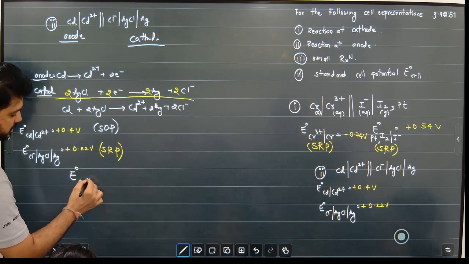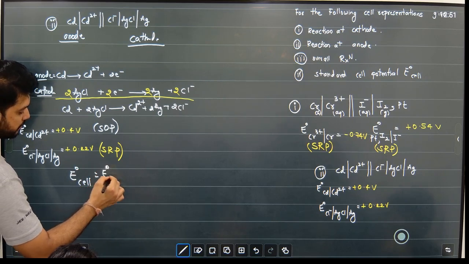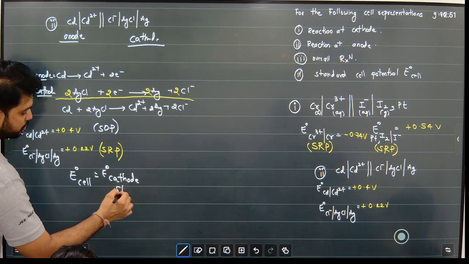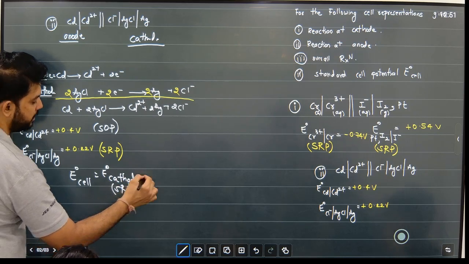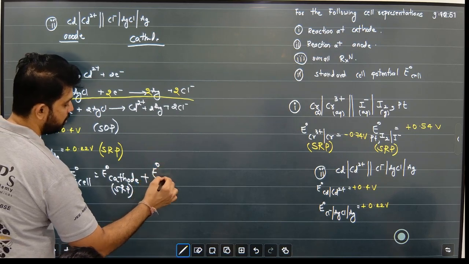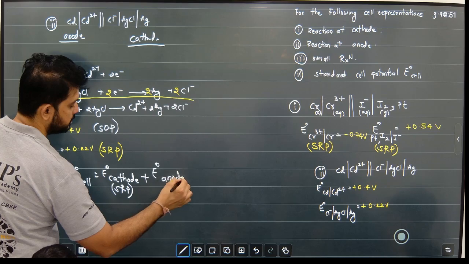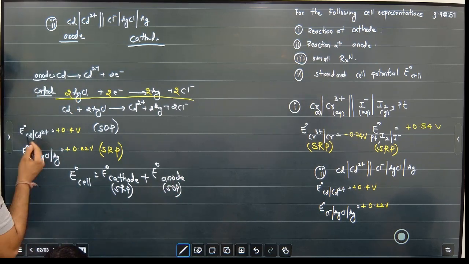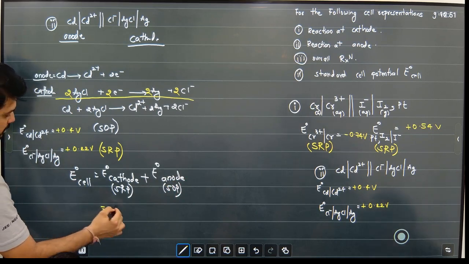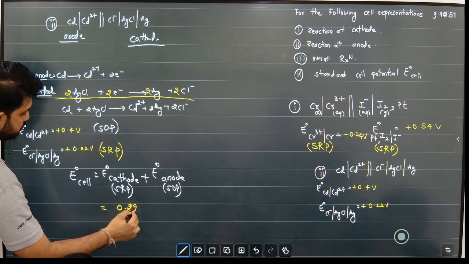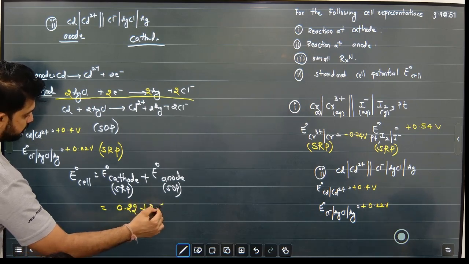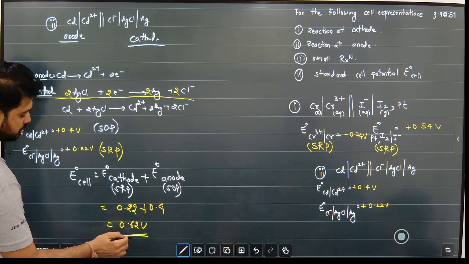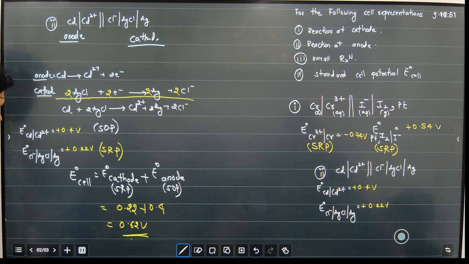E naught cell is E naught cathode, the SRP of the cathode, plus the SOP of the anode, since the SOP is given. So how much is that? 0.22 plus 0.4. So the answer is 0.62 volts.